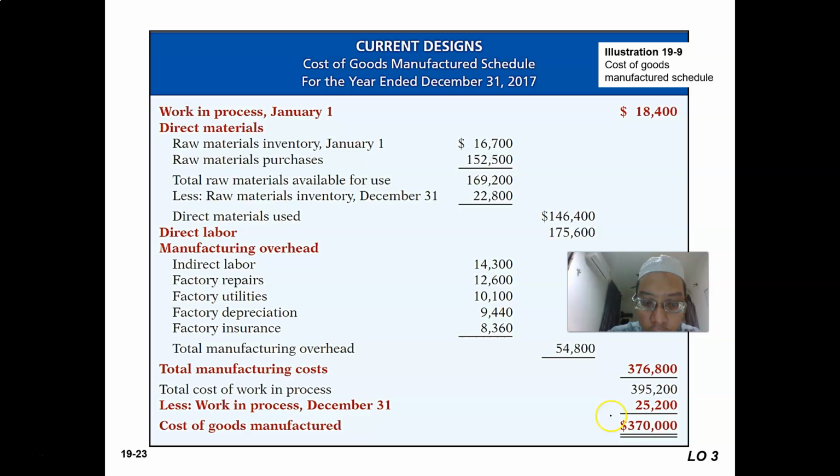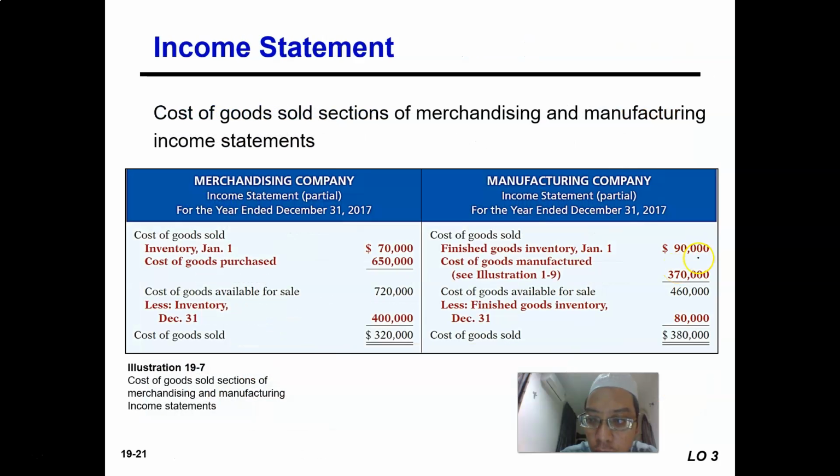So here you have calculated the cost of goods manufactured. This is transferred into the income statement, which is here.